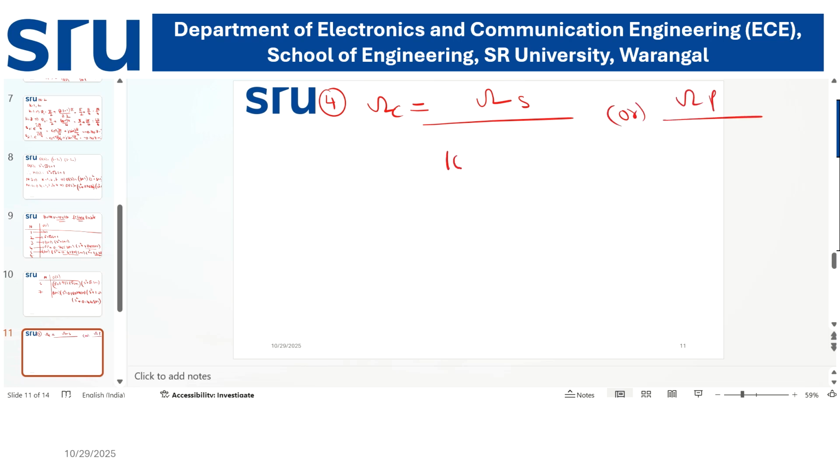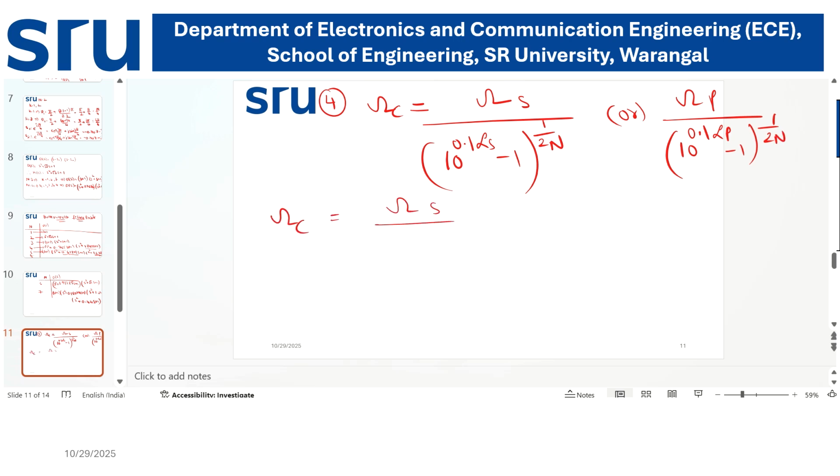If it is the stop band frequency, then 0.1 into the stop band attenuation whole power 1 by 2n, or if it is the pass band frequency, then we have the pass band attenuation, or we can find this cutoff frequency in terms of lambda and epsilon also: lambda power 1 by n, or epsilon power 1 by 2n.